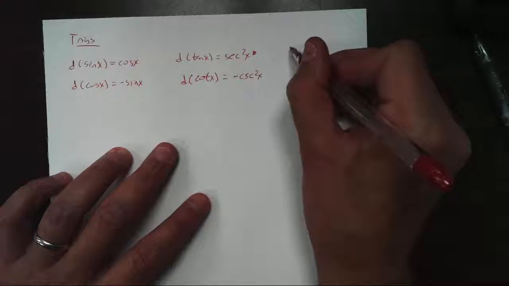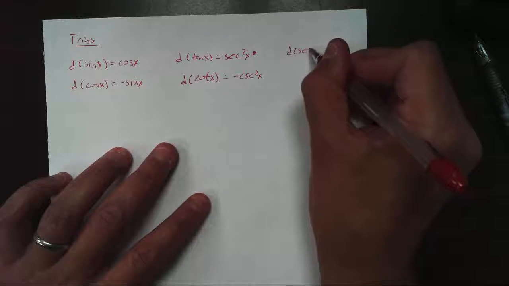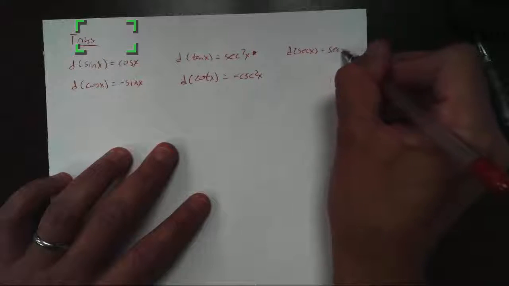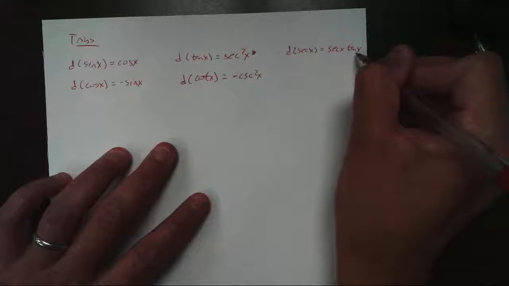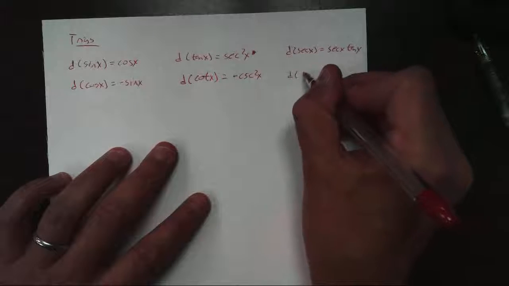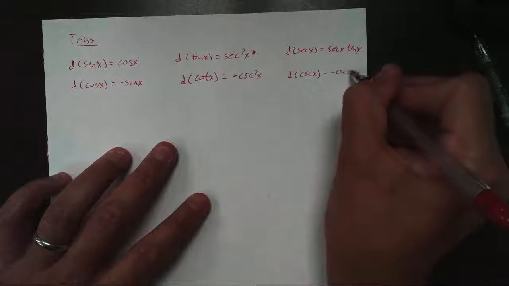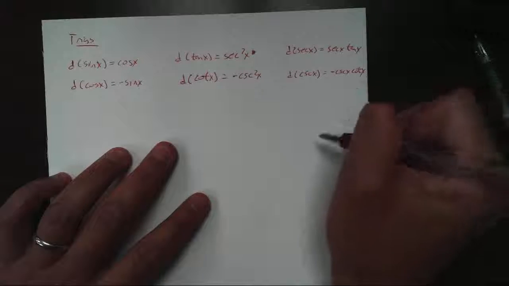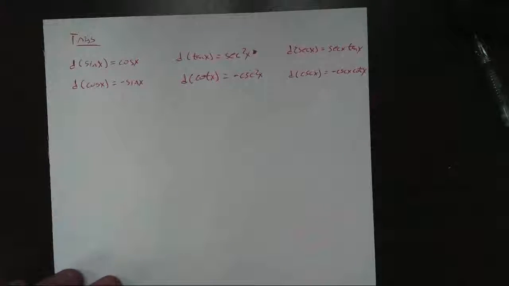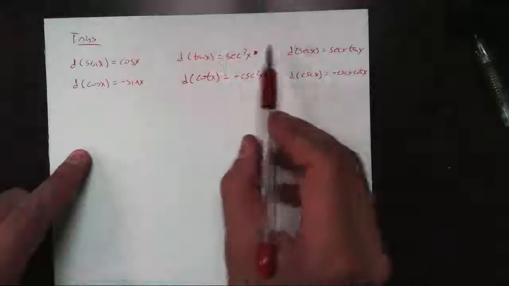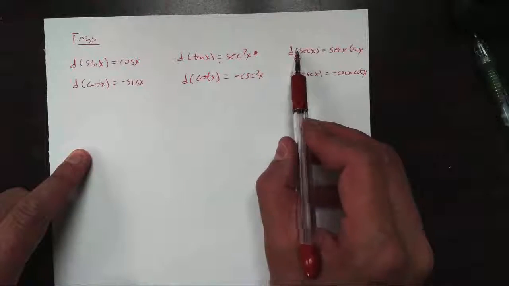Now, the two other ones, what about secant of x? Well, the derivative of secant is secant x tangent of x. And the derivative of cosecant of x is negative cosecant of x cotangent of x. And those are your derivatives for all the trigs. Now here's how I know the top three. This one I derived. This one I just memorized.